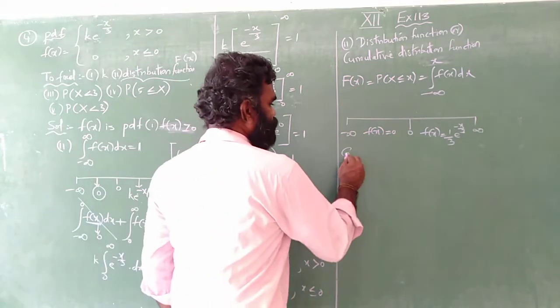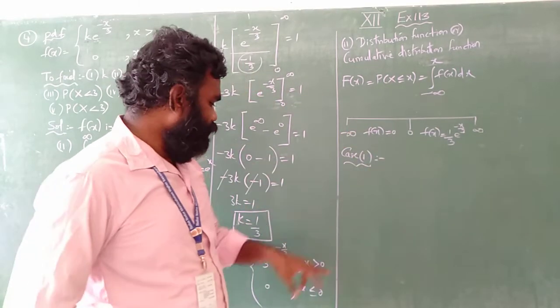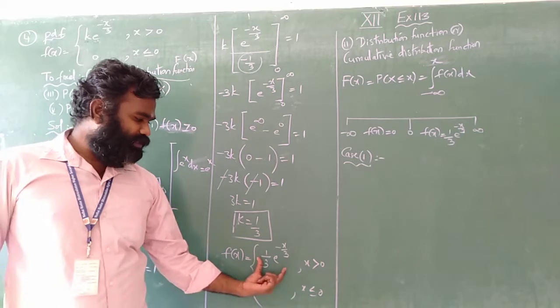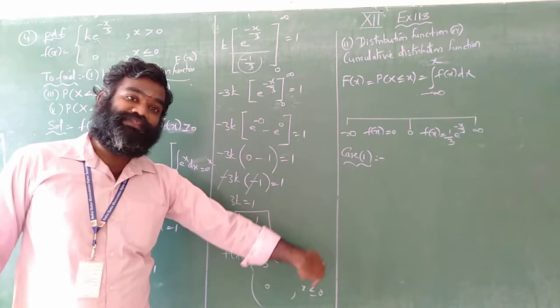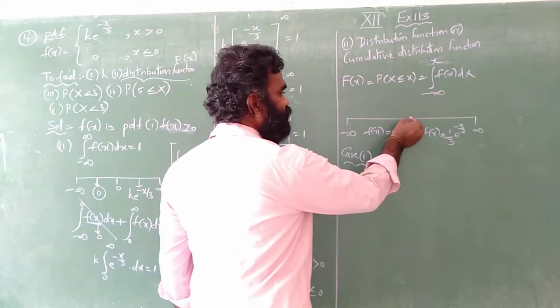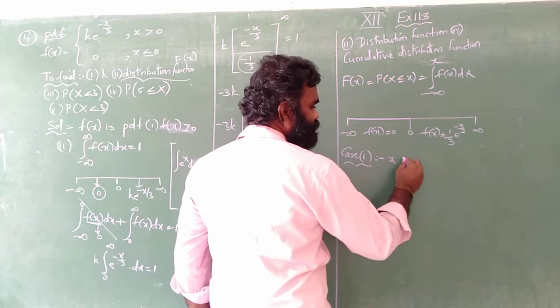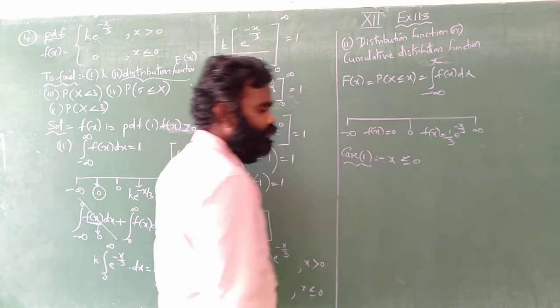Case 1. First I need to study case 1. This function exists for x greater than 0, and it does not exist for x less than or equal to 0. So I choose case 1 where x is less than or equal to 0.